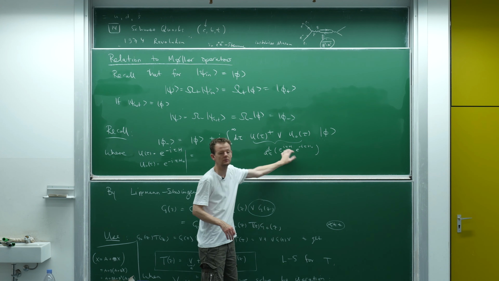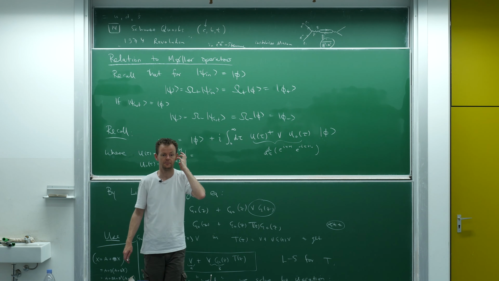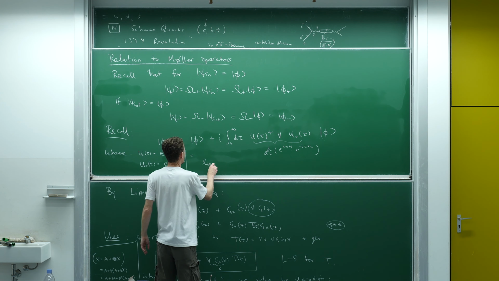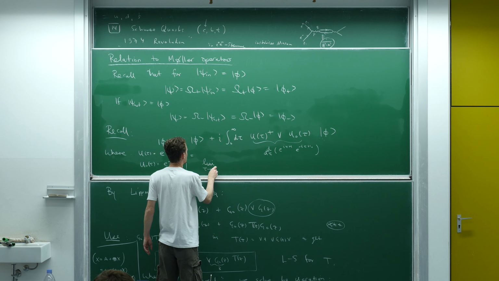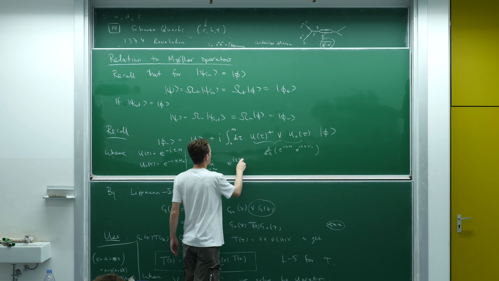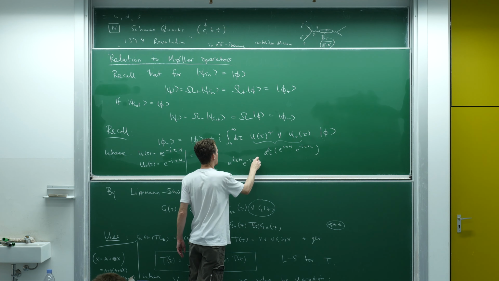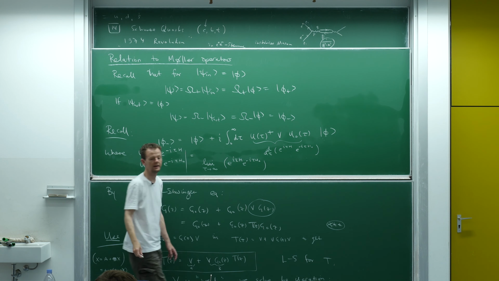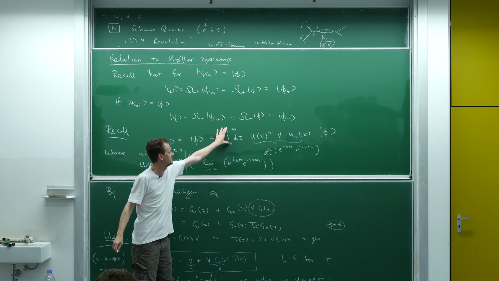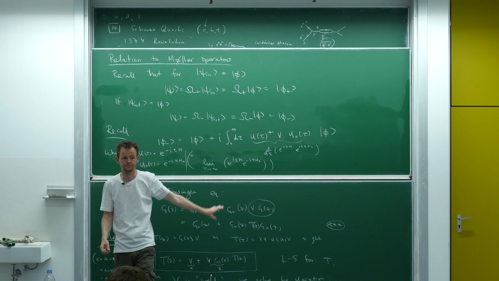Well, you get back the thing that you were differentiating. And so this is none other than that object there, right? So that's why this expression here equals that expression there.